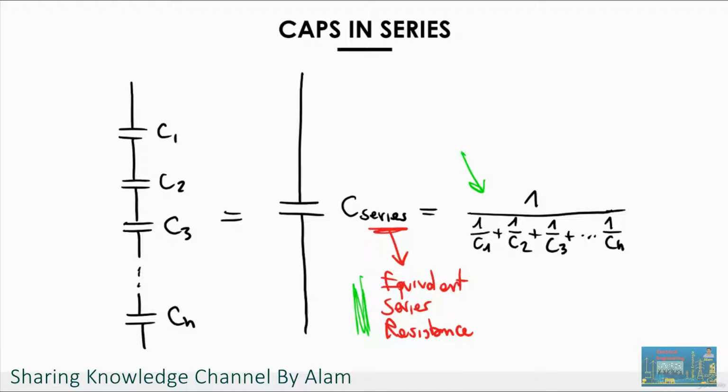So the equivalent series capacitance is equal to the inverse of the sum of the inverses of each individual capacitor that is in series. Generally speaking, the series capacitance of n capacitors is always smaller than the smallest of the capacitors that you put in series.